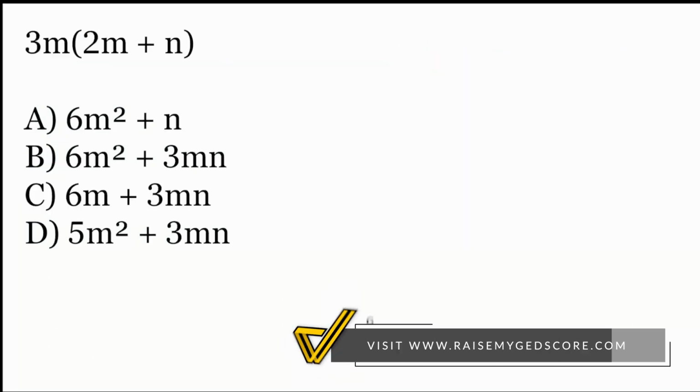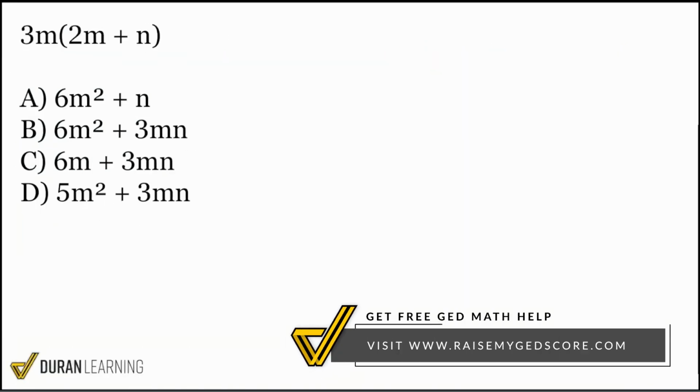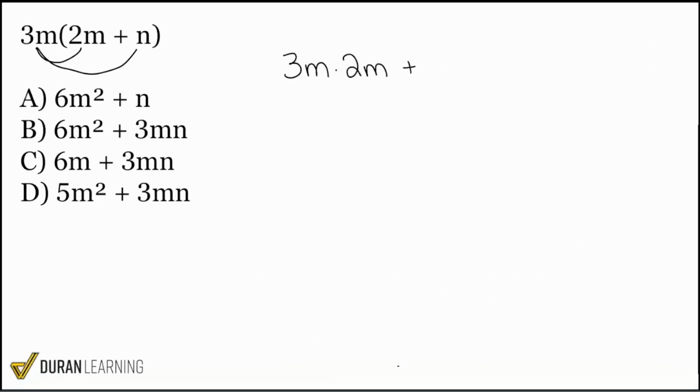All right, next example. We have ourselves 3m on the outside of the parentheses with 2m plus n on the inside. So how we're going to handle this is the same way that we have using that distributive property. So the 3m will multiply with the 2m, and then the 3m will also multiply with the n. So 3m multiplied by n.